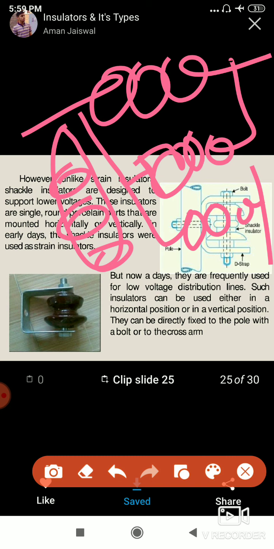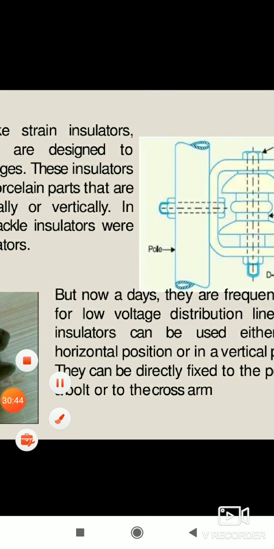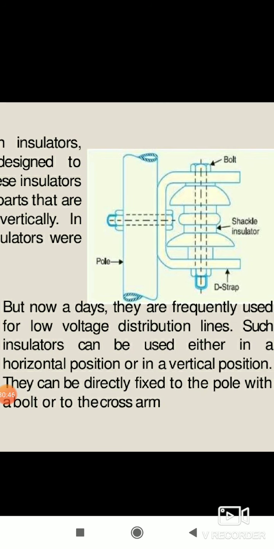Right, in your transmission system, where there is a dead end or a crossing, you will see these strain insulators present on the system. And after that, we discussed the shackle insulator. Shackle insulator means pole-mounted insulator, which is directly connected to the pole. It may be horizontal or vertical.